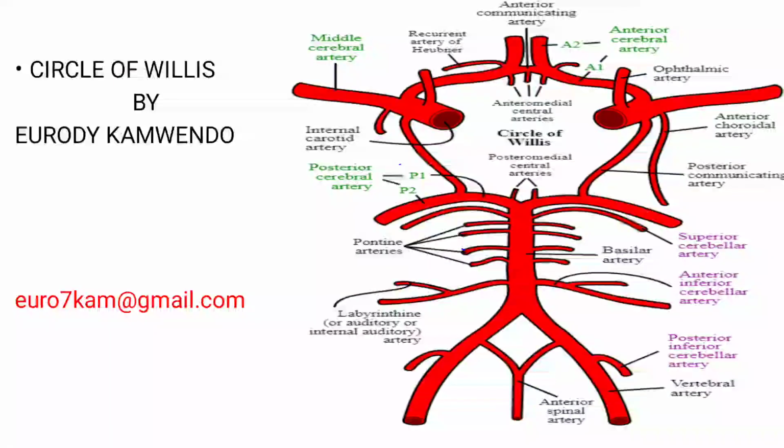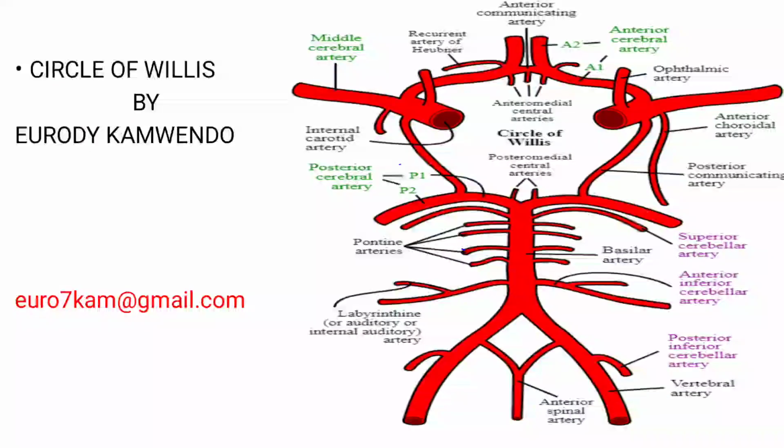While the posterior communicating arteries allow blood to flow between the internal carotid system and the posterior cerebral arteries, and this will help connect the anterior and posterior portions of the circle of Willis. And when we talk of the circle of Willis, basically that is how blood flows.